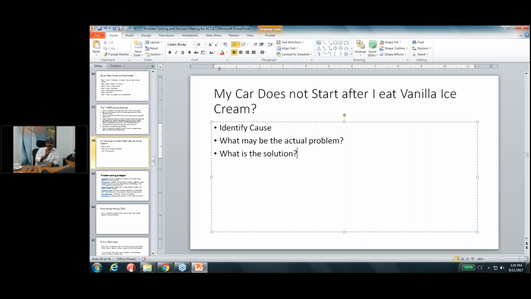So that is not actually the vanilla spilled on the engine or somewhere else, so that is not the cause. The next one. Mr. Saqib Ali is saying that he should eat vanilla ice cream without closing the engine. Okay, that is one of the courses of action, one of the choices.